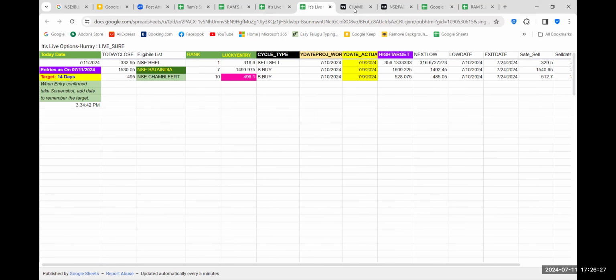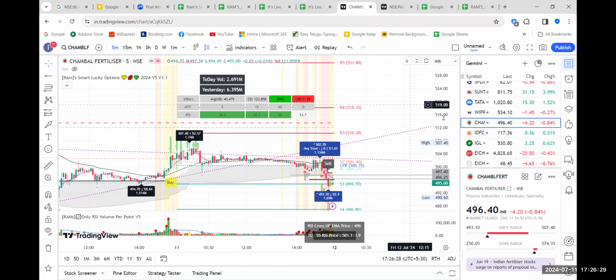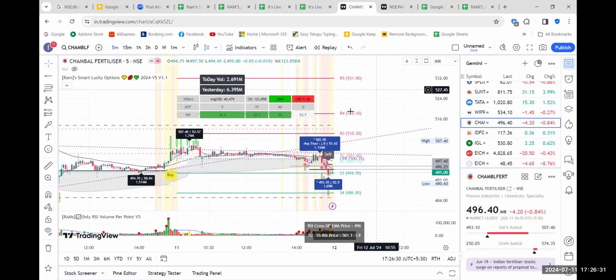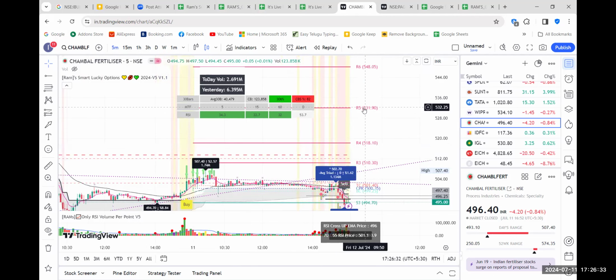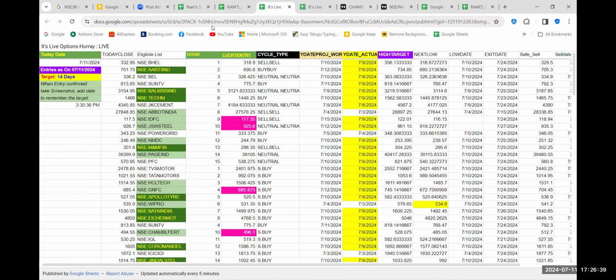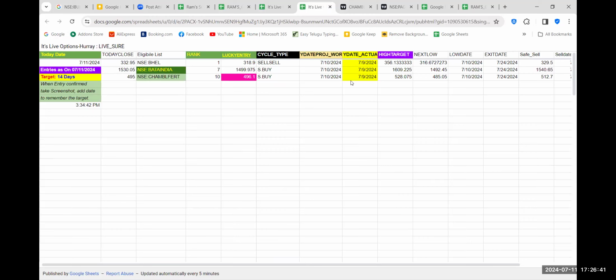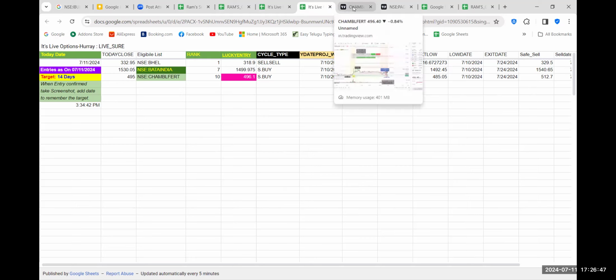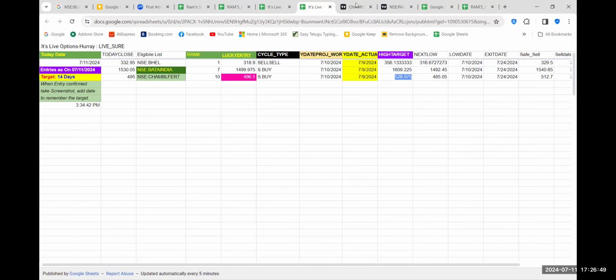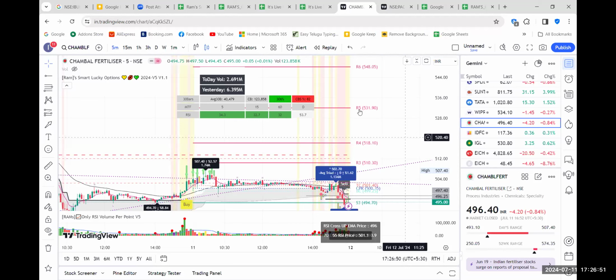So the resistance R5 is 531, whereas our screener is giving 528 as the target in the next 14 days. 528 is the target, so obviously it will reach.